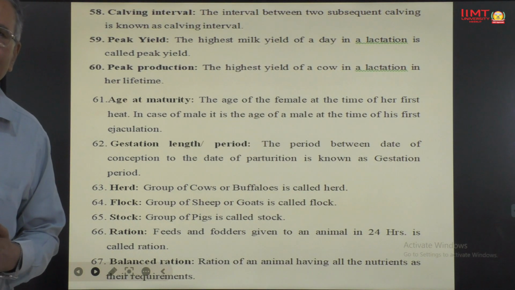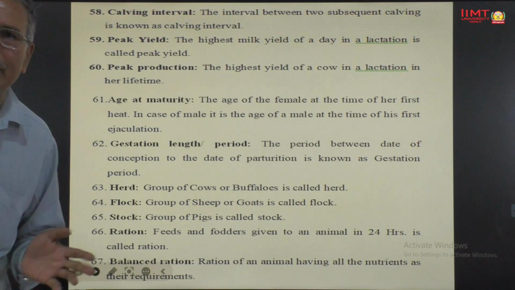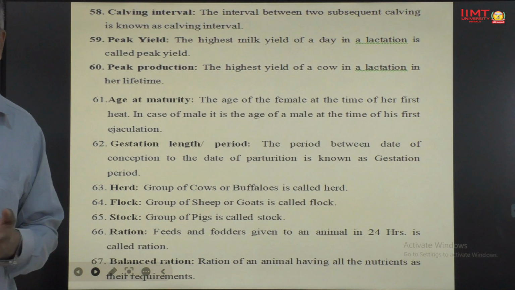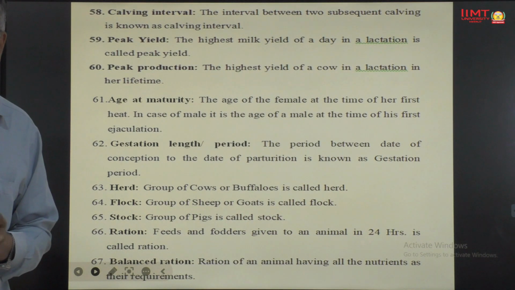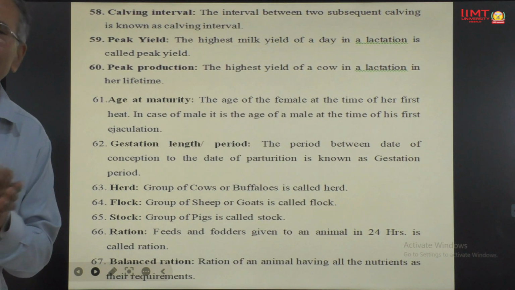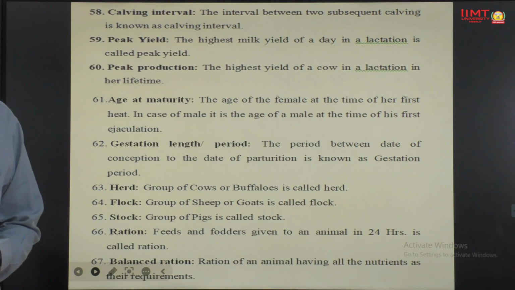The ration which has all the nutrients as per the requirement of an animal is known as balanced ration. और वो राशन जिसमें पशु की आवश्यकता के अनुरूप सभी पोषक तत्व सही मात्रा में अवेलेबल हों वो कहलाता है बैलेंस्ड राशन.